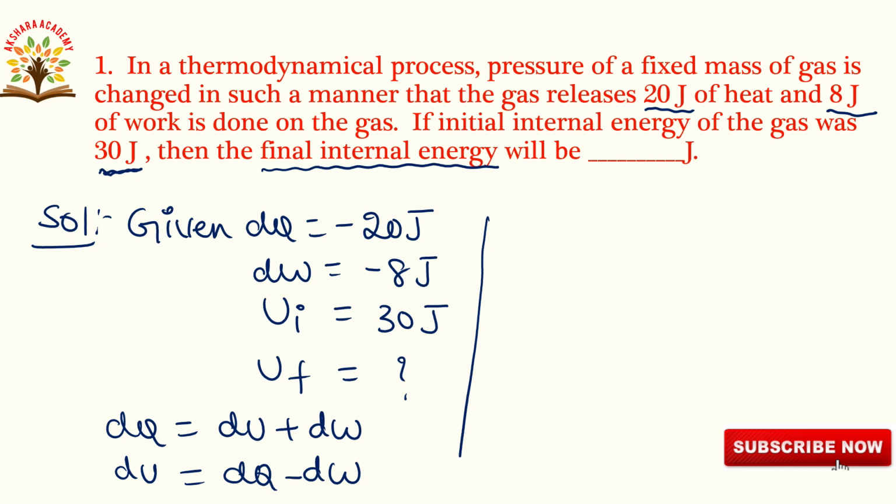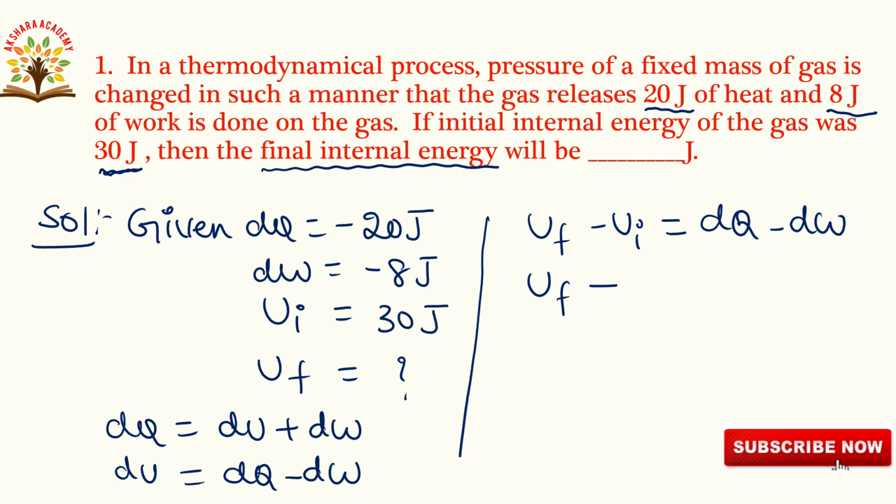du can be written as Uf minus Ui, change in internal energy, that is nothing but final internal energy Uf minus initial internal energy Ui, that is equal to dq minus dw.